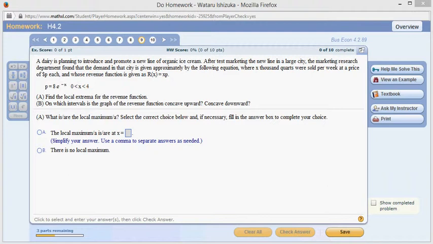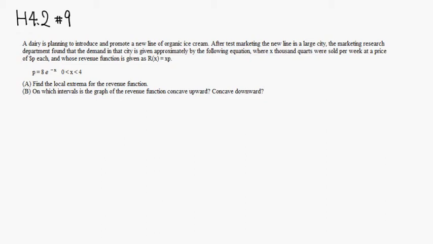In order to find the local extrema, we have to find the derivative. So r prime of x: r of x is x times 8e to the negative x, so it's 8x e to the negative x. Let's take the derivative. 8 is just a number. Then we have to use the product rule.